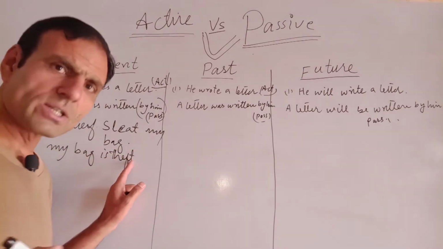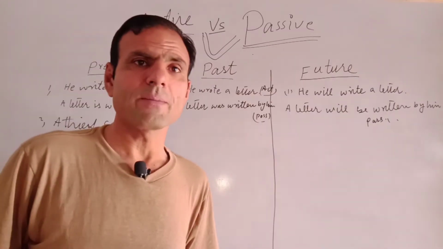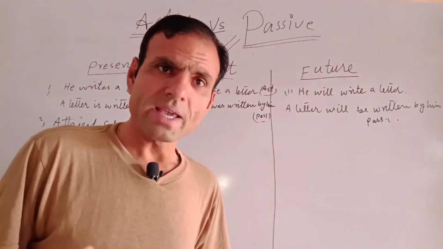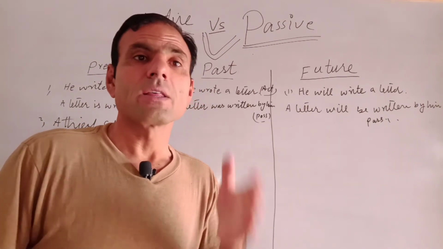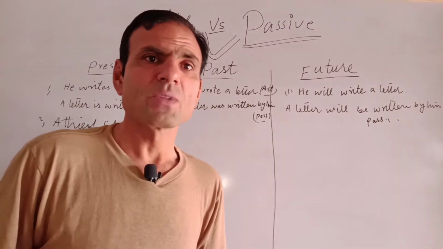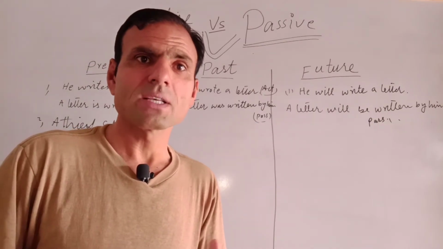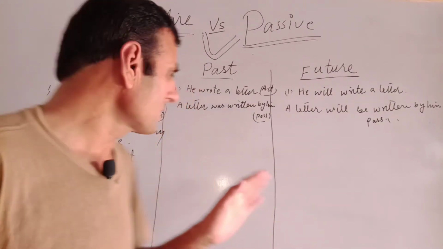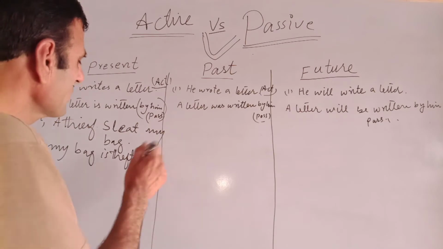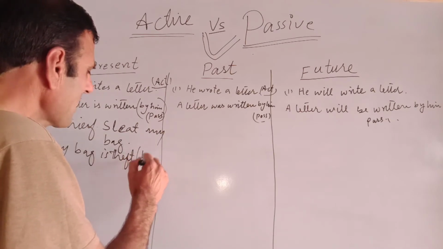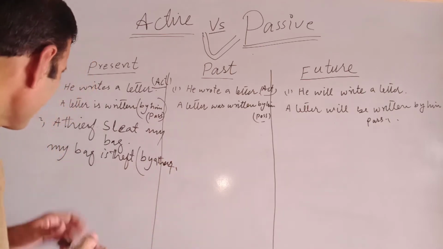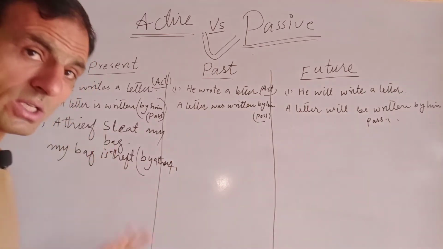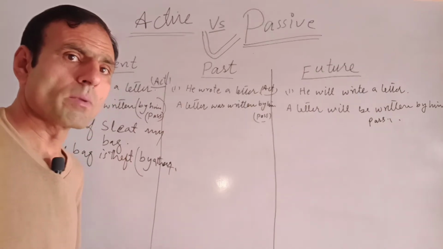If I write here by a thief, that's okay, but we know who steals the bag or the stuff. This is the thief. The thief or the thieves are stealing the stuff, so it is clearly known. That's why we don't need to write here by a thief, because if we say that my bag is stolen, so by whom? By a thief.